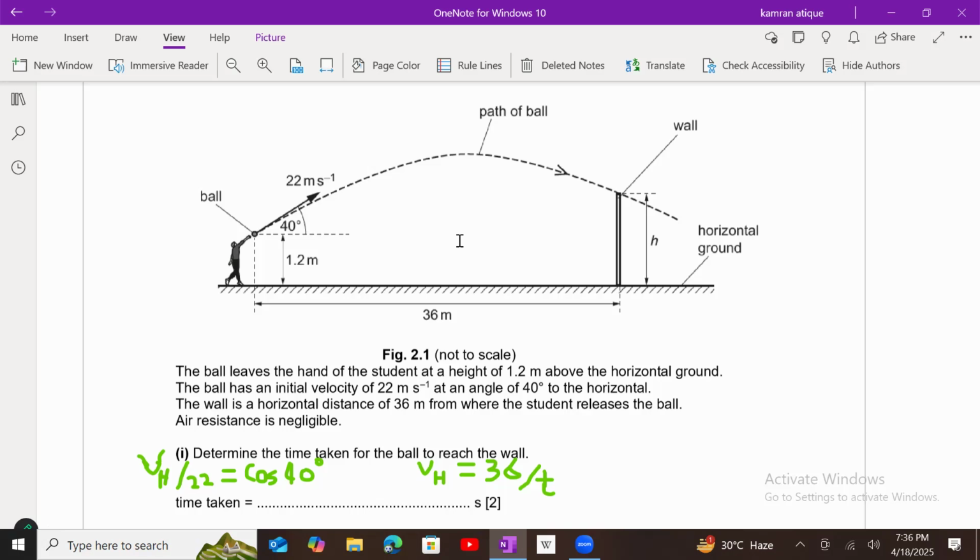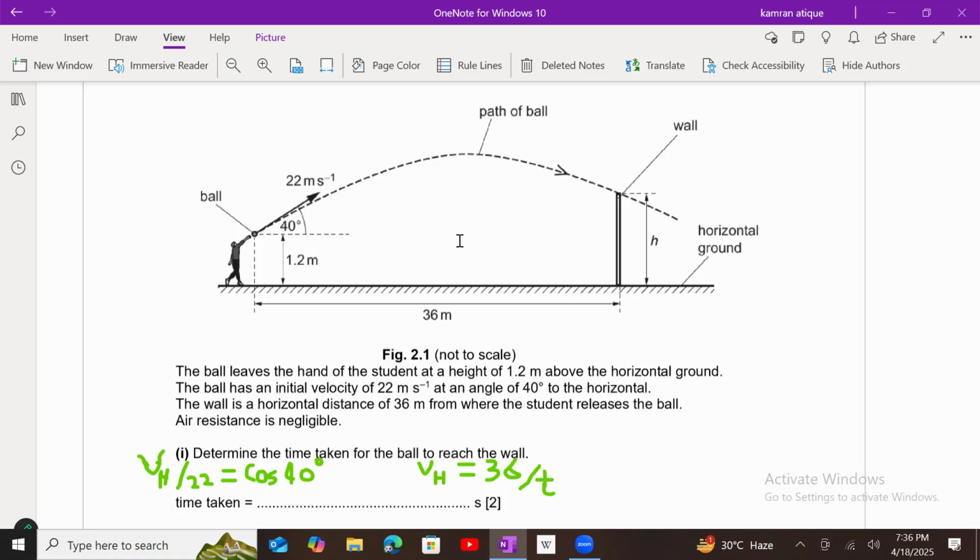Obviously, the velocity in the vertical direction will be the rate of change of vertical displacement, while the horizontal velocity will be the rate of change of horizontal displacement.